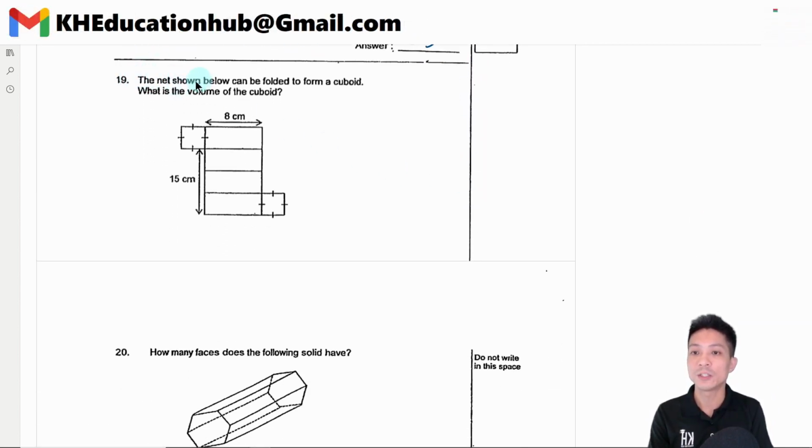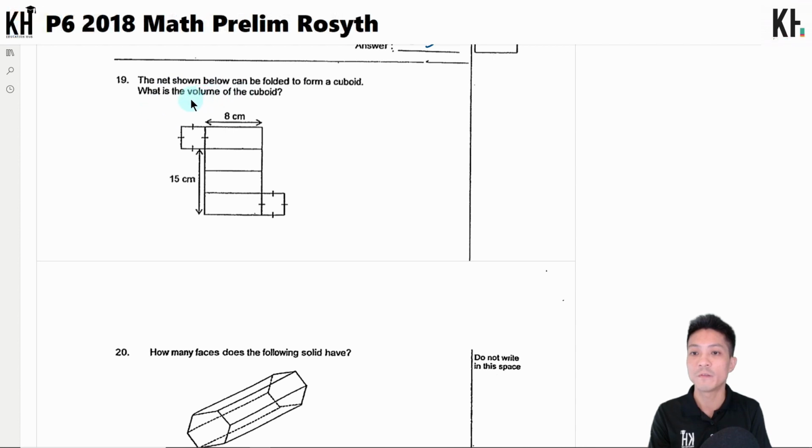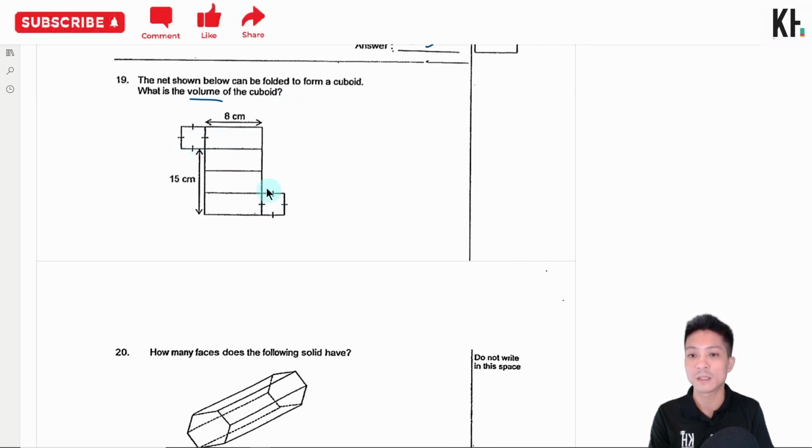Question 19. The net shown below can be folded to form a cuboid. What is the volume of the cuboid? In order to find the volume of the cuboid, we need to use length times breadth times height, right? So let us try to figure out the size of the square. This will be 5, 5, 5, that's why it's 15.